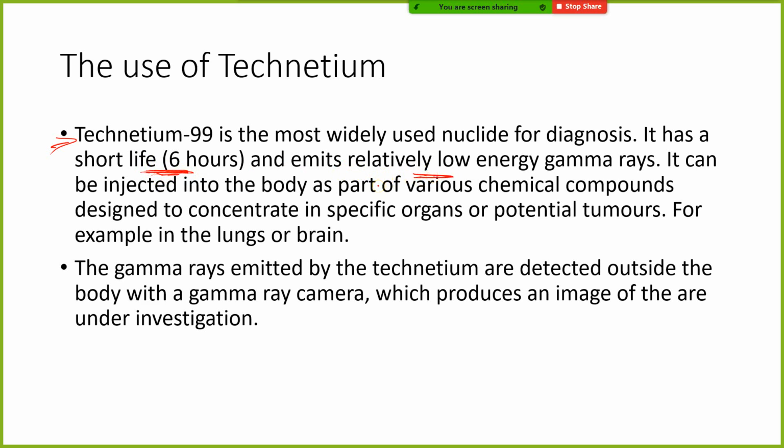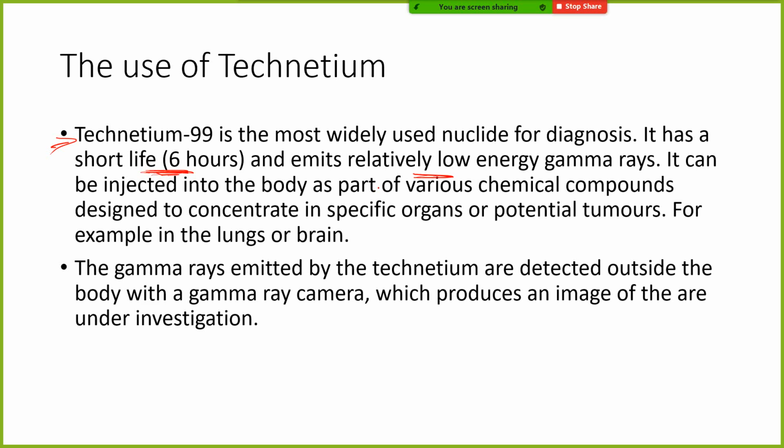So this is almost like a safer type of radioactive substance to use in the body, because it has a very short half life of 6 hours, and doesn't give off a lot of powerful radiation, right? So it's very useful.